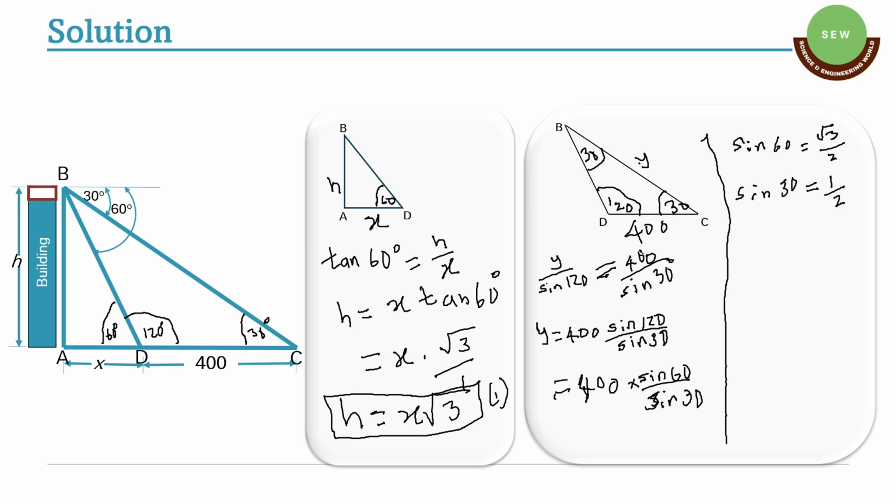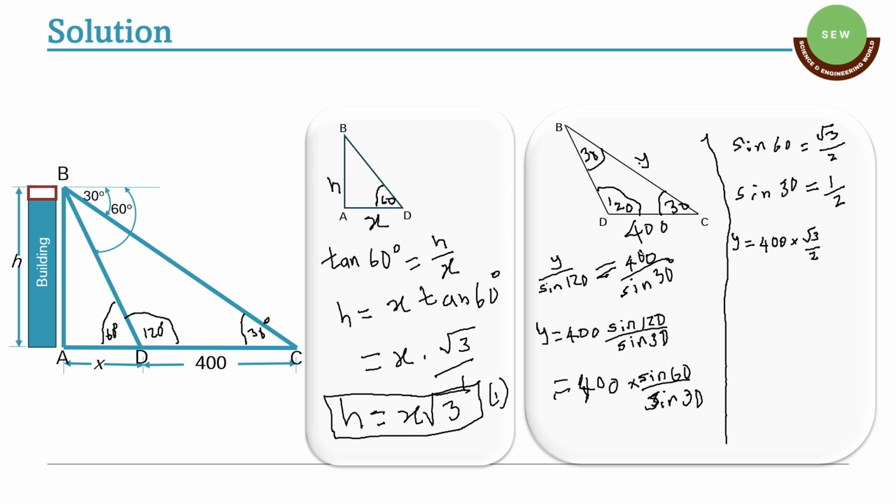So if you put this together, we can now see that y equals 400 times square root of 3 over 2 over 1 over 2.